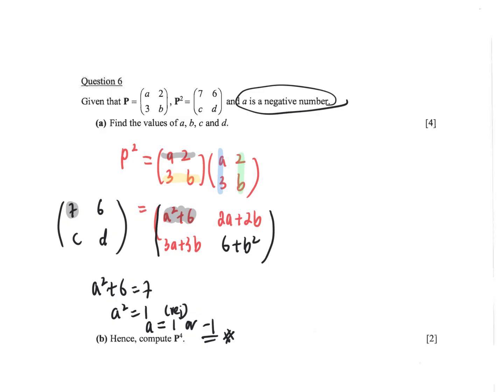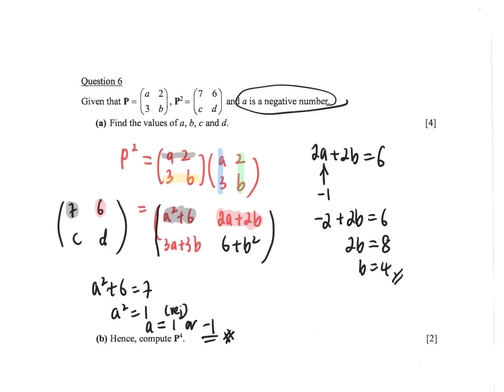So once you solve for this, you can compare the other set, which is this one. So 2a plus 2b is 6. I already know a is minus 1. So 2b is just 8, b is just 4.